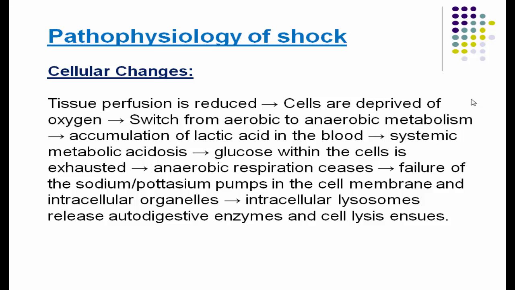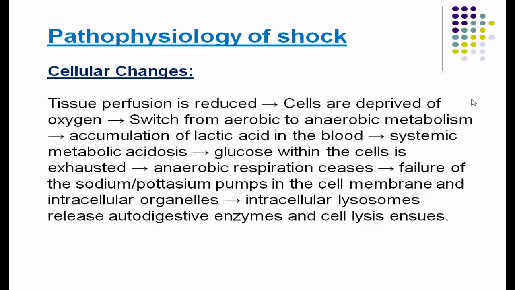And this situation helps to switch cells from aerobic to anaerobic metabolism, and this results in accumulation of lactic acid in the blood. That's why systemic metabolic acidosis occurs.